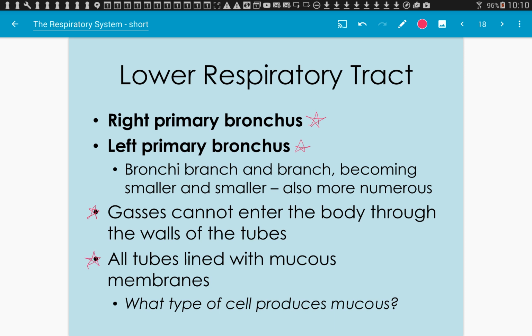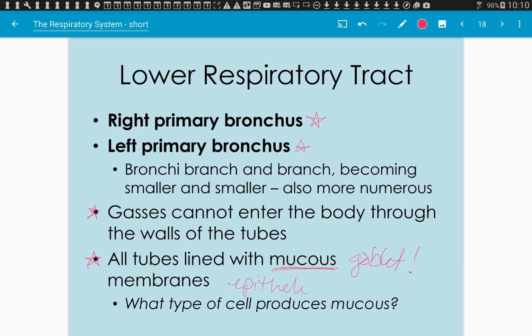Any conducting tube within the respiratory tract is going to be lined with mucous membrane. As a quick reminder, what kind of cell makes mucus? Hopefully you will remember that for the rest of your life. Mucous membranes are found with epithelial cells.